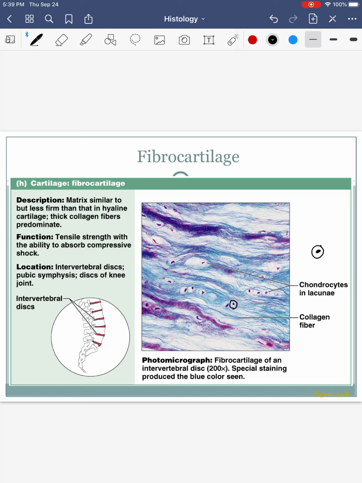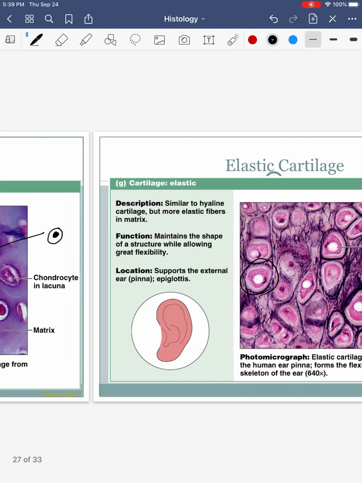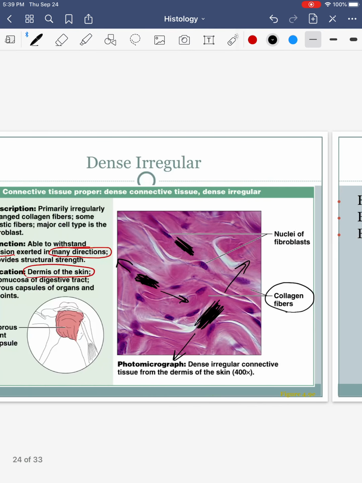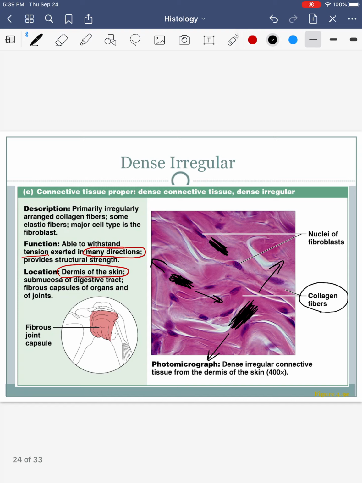That's how I think of this. So when I see cells that look like eyeballs, I'm going to automatically think cartilage. And then I'm going to be able to run through the 3 types to figure out, well, is it hyaline, elastic, or fibrocartilage? Now to make my point, I'm going to go back to another cell type. So these have what I call eyeball cells. Let me go back for a minute to dense, irregular connective tissue. Look at the cell.